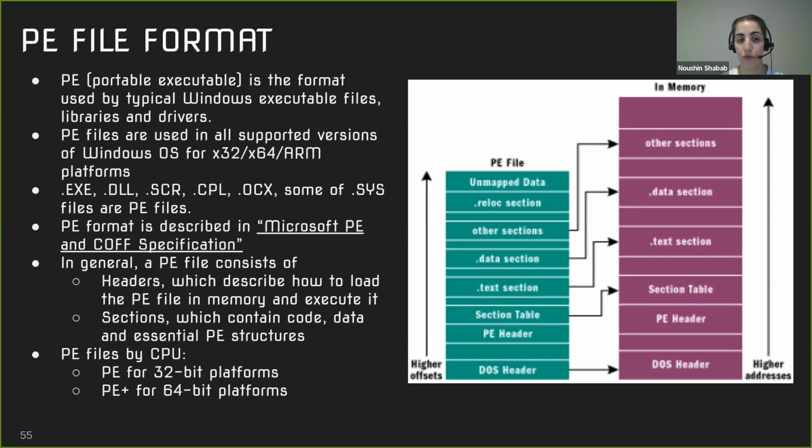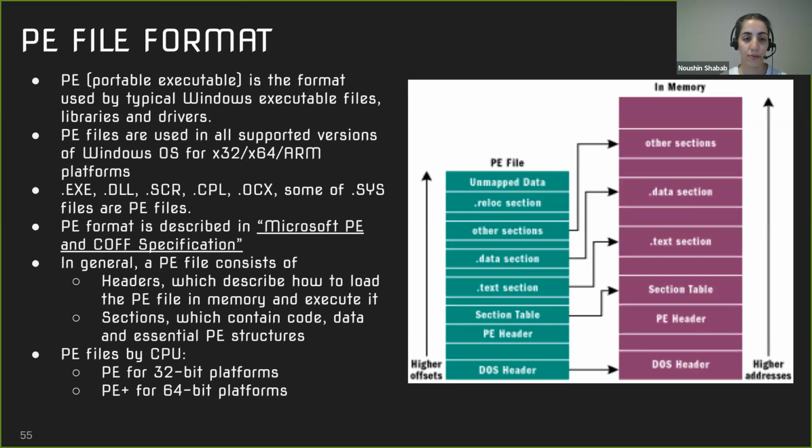If you want to learn more about the PE format, which is actually very useful if you are dealing with malware files and you are trying to write YARA rules to find new malware or to detect different malware families, it's very important to have a good understanding of the PE file format.